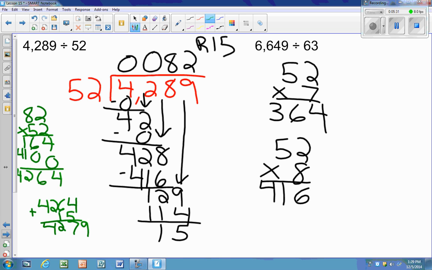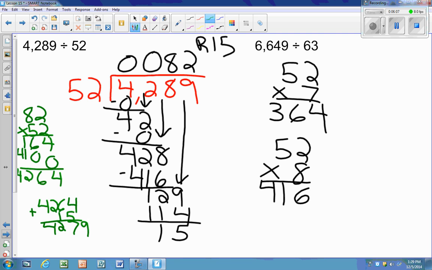So now I want to go back and check my multiplication first. And something seems off, so I have to see where I am off. Am I off in my answer or am I off in my multiplication? So I did 82 times 52, so 2 times 2 is 4, 2 times 8 is 16, I put my 0, and then 5 times 2 is 10, carry the 1, I have 41. So now I add this up, I get 4,264, and then I add up and I get 4,279, something's off.